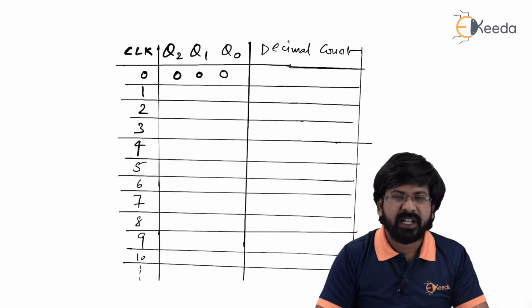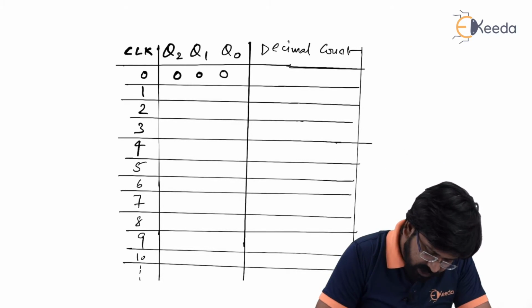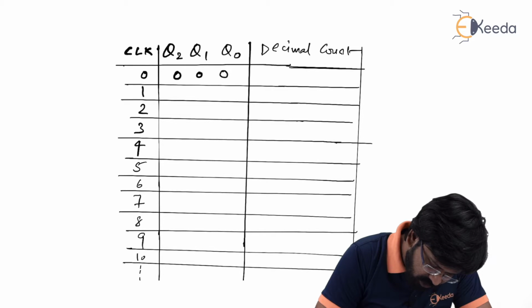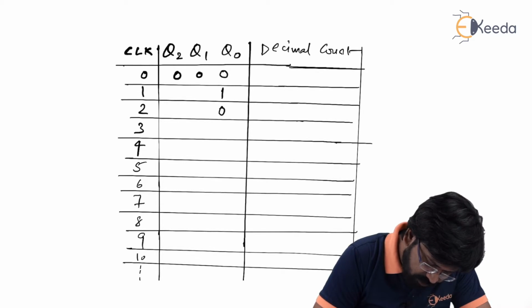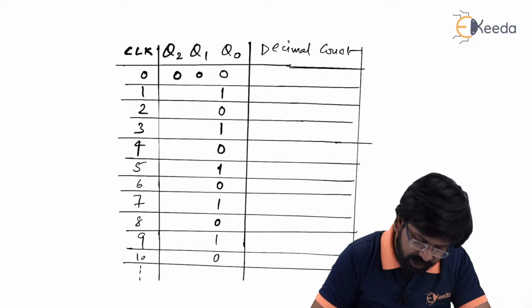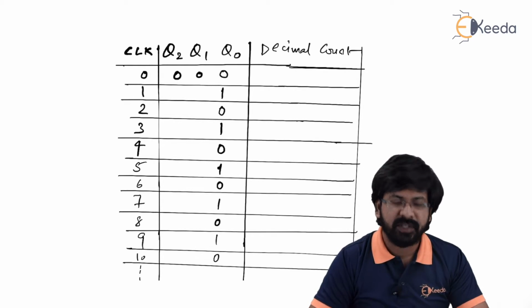So as I said, at every clock, Q0 keeps on toggling. Therefore, Q0 will toggle like this, 0, 1. Then 1 will become 0. At the third clock pulse, again it will become 1. At the fourth clock pulse, it will be 0, 1, 0, 1, 0, 1, 0, 1. And this is not going to change.